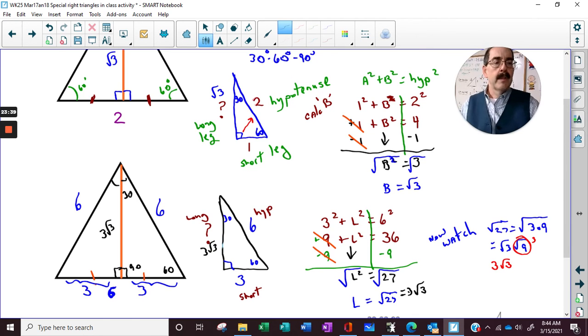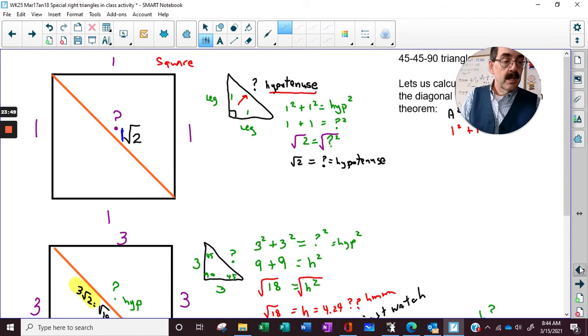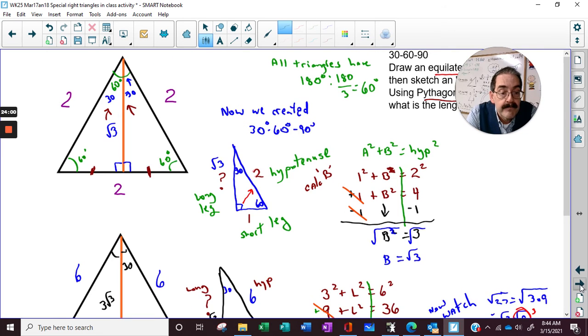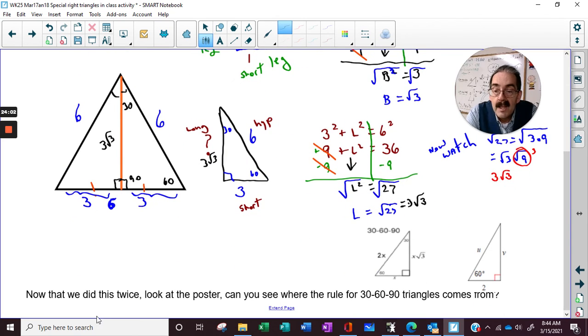Now, the reason we went through all that math, look at all that, is we don't want to have to do this every time. And in engineering, they try to reduce everything down to those 2 special triangles. There's got to be a faster way, and there is. Okay? Now that we did this twice, look at the poster.